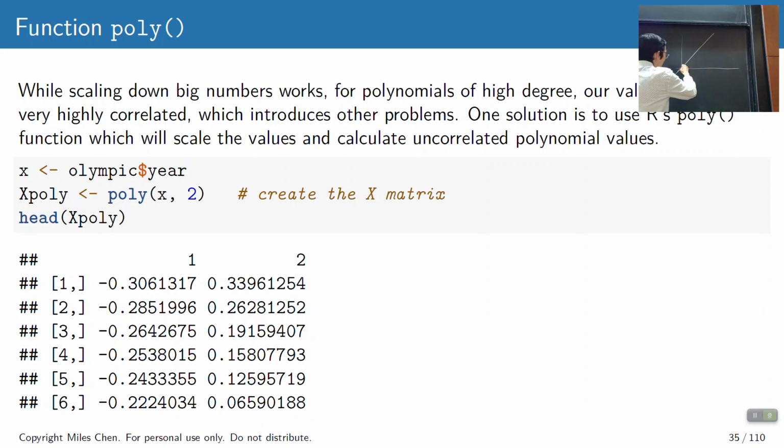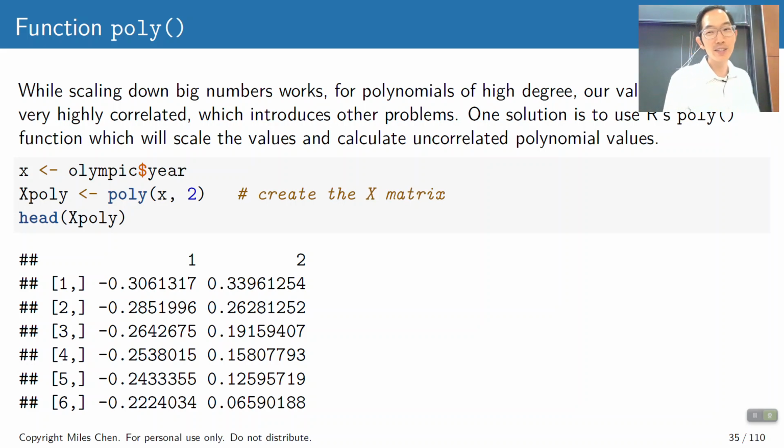And then if I do x squared, I might get something that looks like this. And then if I do x cubed, I'll get this, and then x to the fourth will become something like that, okay? And so on and so forth. All of these values are just super highly correlated, okay? If you calculate the correlation between x squared and x cubed and x to the fourth, they're all going to be like 0.9 something, okay? You're going to have these very highly correlated values.